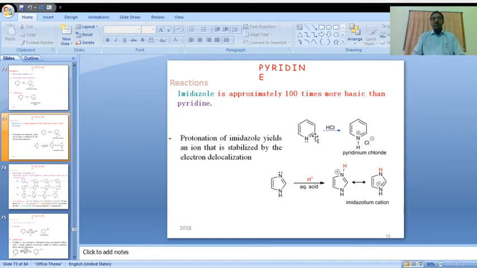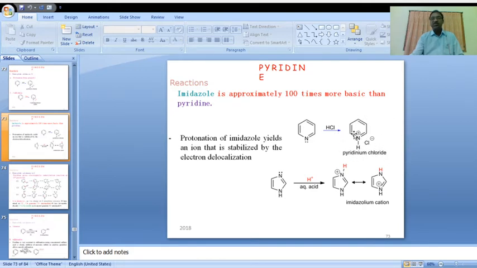Now here also the same reaction is repeated. Pyridine on reaction with hydrochloric acid, HCl, a strong acid, gives pyridinium chloride.